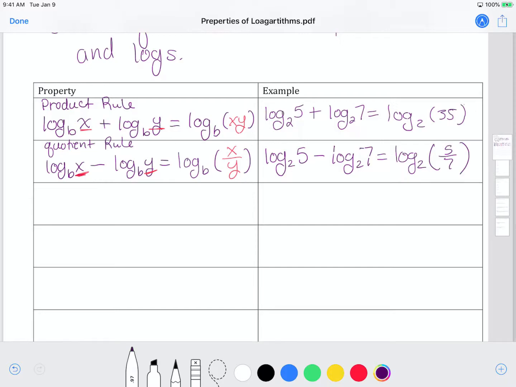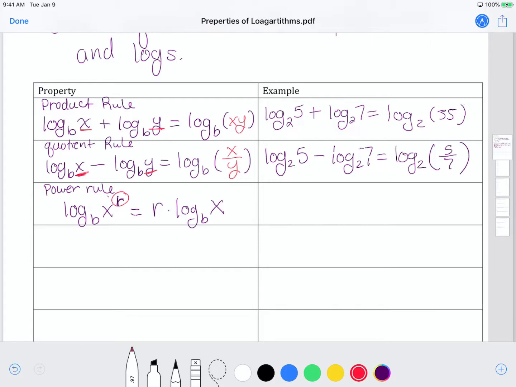Okay, the next rule is called the power rule. The power rule says if I have a log with base b of x, and that x is being raised to the power, we'll call it r, I can rewrite this by bringing the r, my exponent, down in front as the coefficient of the log. So I can rewrite it as r times log base b of x.